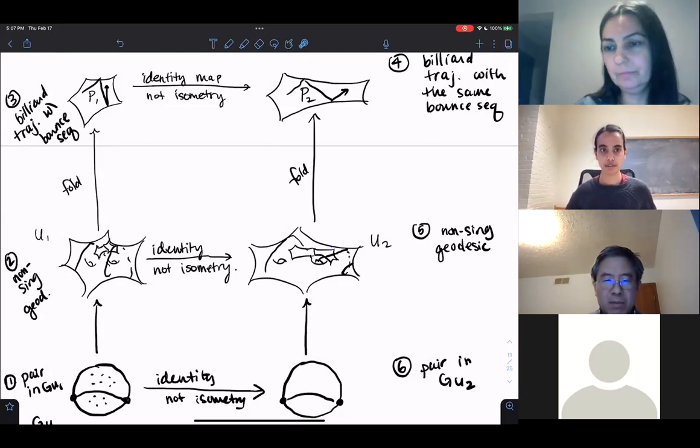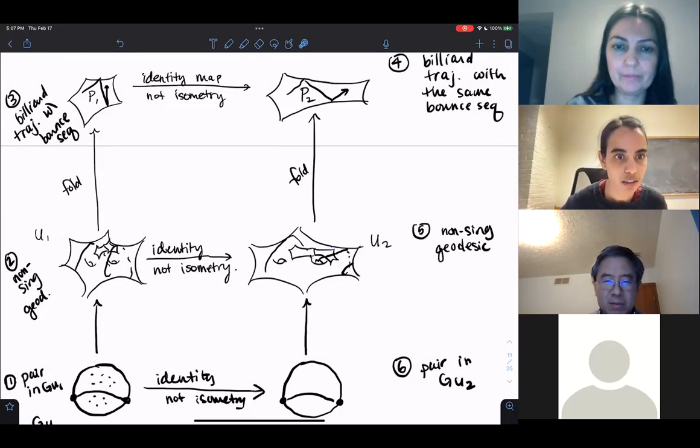Maybe as Chris suggested, this is a quasi-isometry, which induces a homeomorphism between the boundaries.